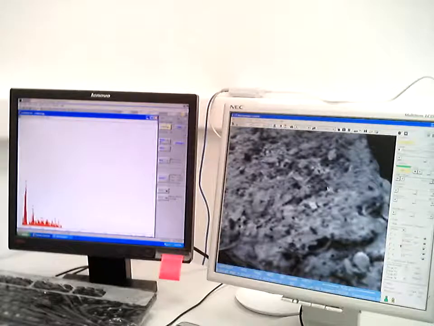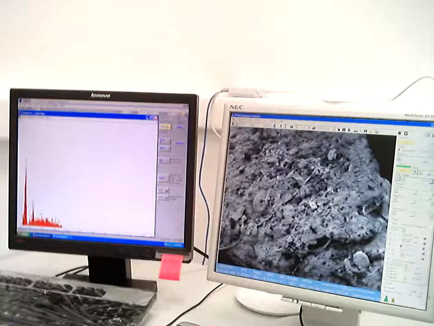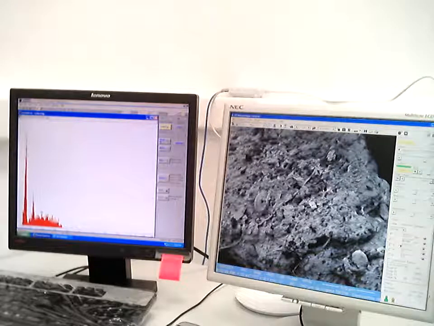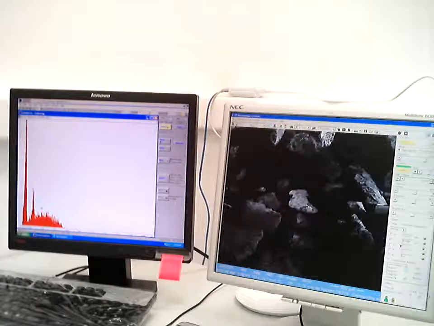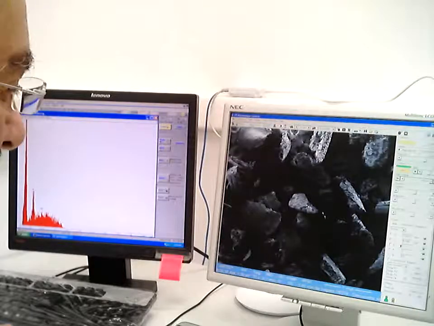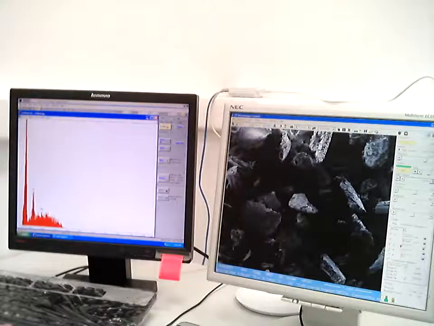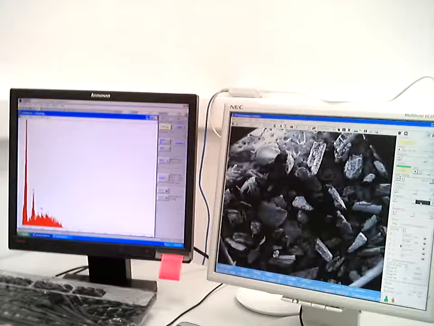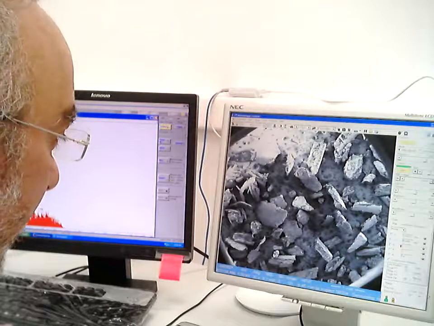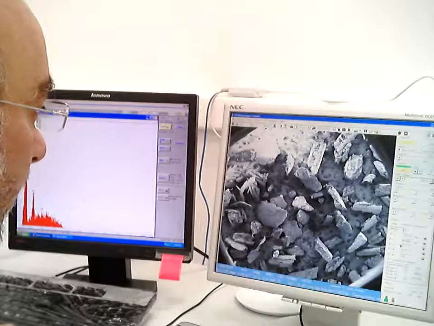This is a piece of stone, or again soil, but again it's organic, so it's not a stone that I expected. Let's have a look. Sometimes in the microscope you have to do a lot of searching around to find evidence, especially evidence that you can use.